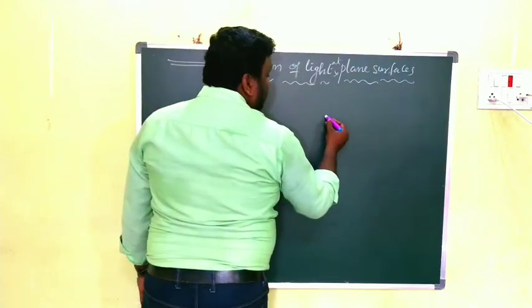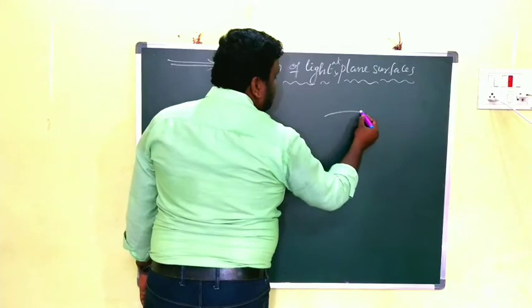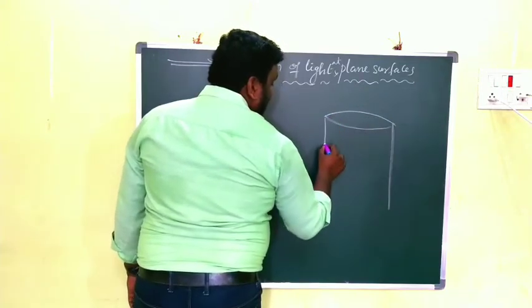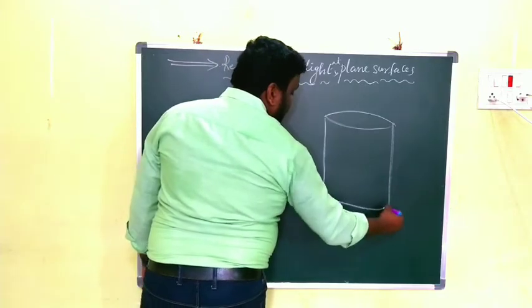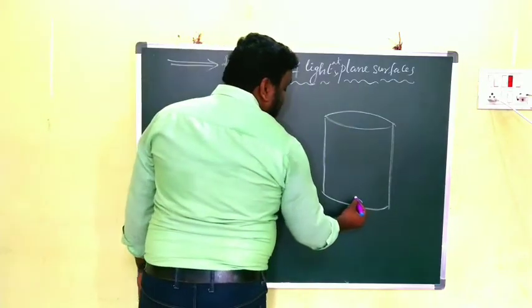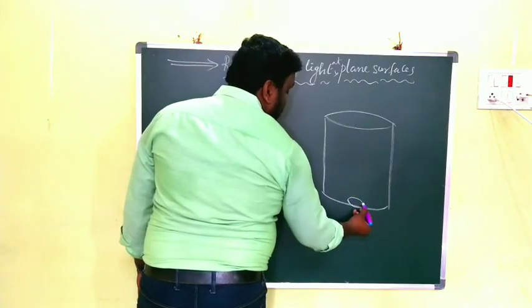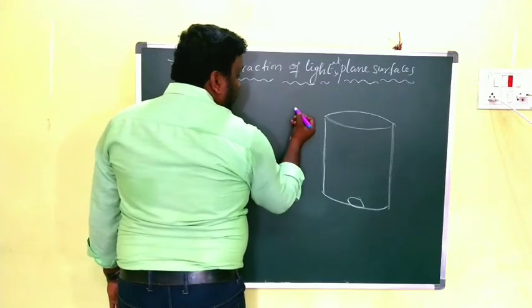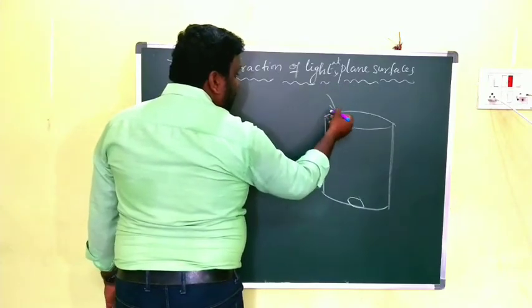Children, here we have taken a glass beaker. In that you can keep some coin. Clear? You have to watch the coin from the top view.